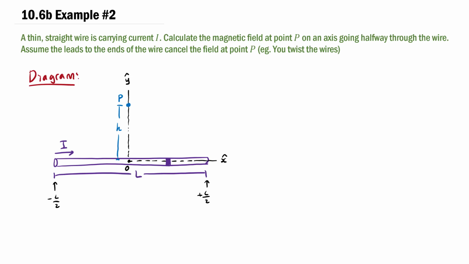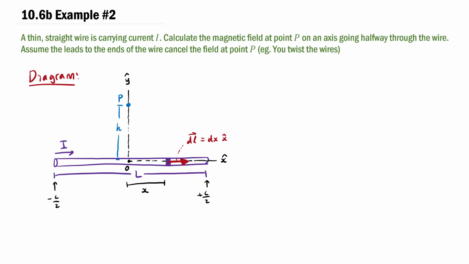The current's going towards the right, so let's just do that in red so we can see this. So why don't we call this dl? And dl is essentially a small change in x in the x direction. So I want to mention that this over here is x.